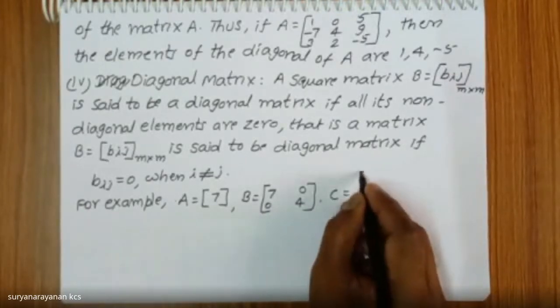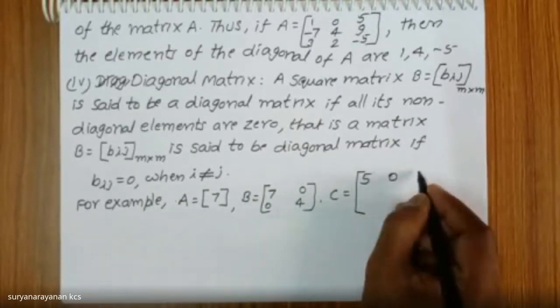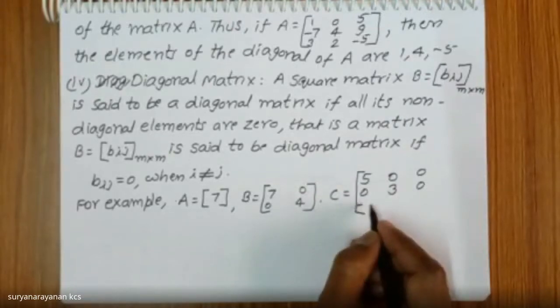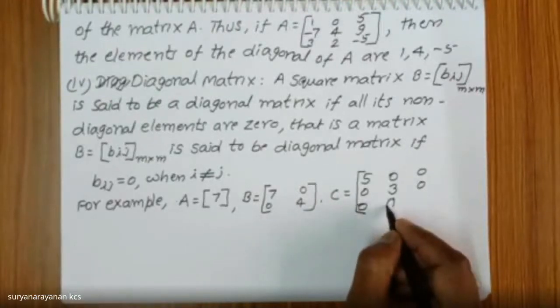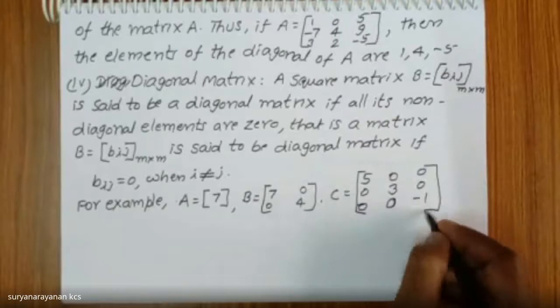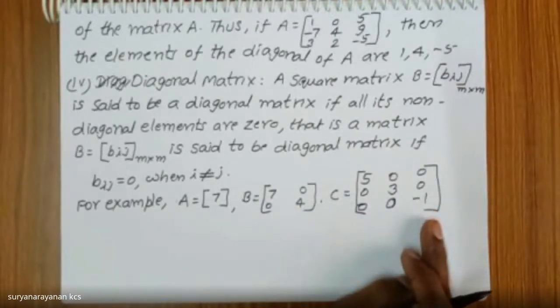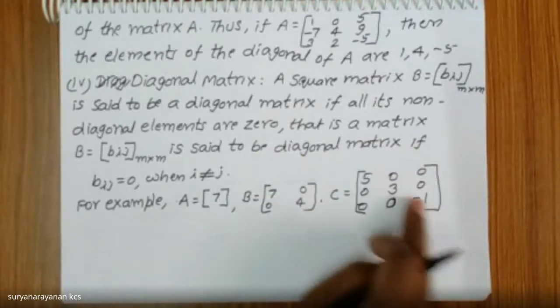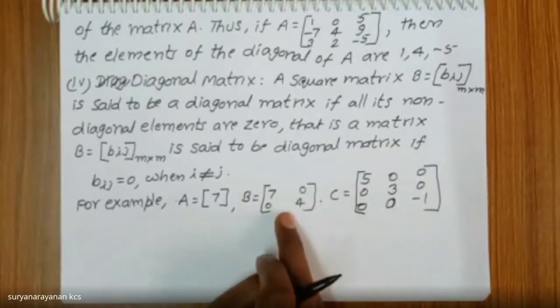And C is equal to this matrix. If you observe the elements of this matrix in the diagonal, they are non-zero elements and the remaining elements are 0. The non-diagonal elements of this matrix are 0.